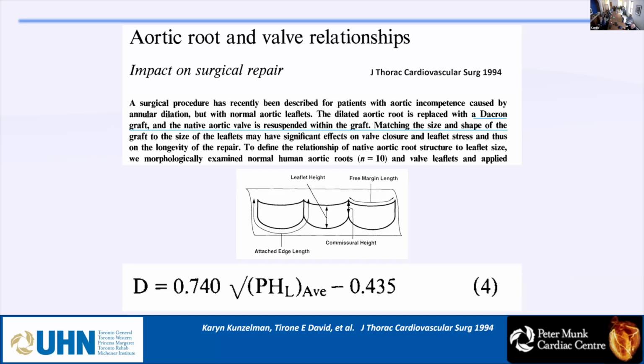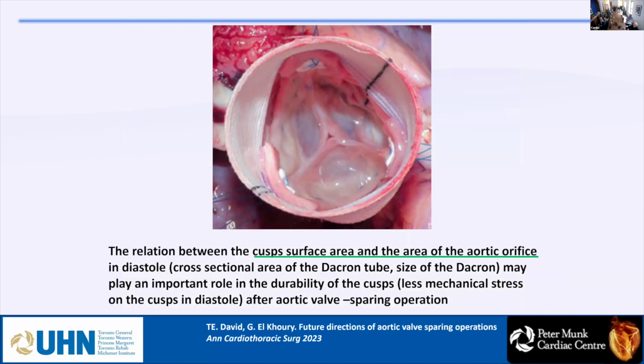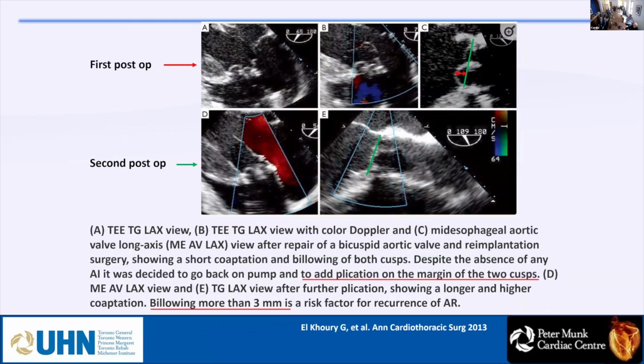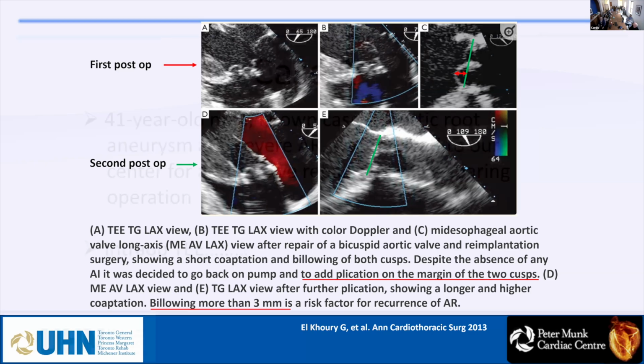So gradually we found out this is a very complicated formula, and we use our way to measure by the multi-view. So if the dacron is small, the valve might drop down like this, billowing, and we have to do more plication of the leaflet or put in a bigger size dacron to avoid the billowing.